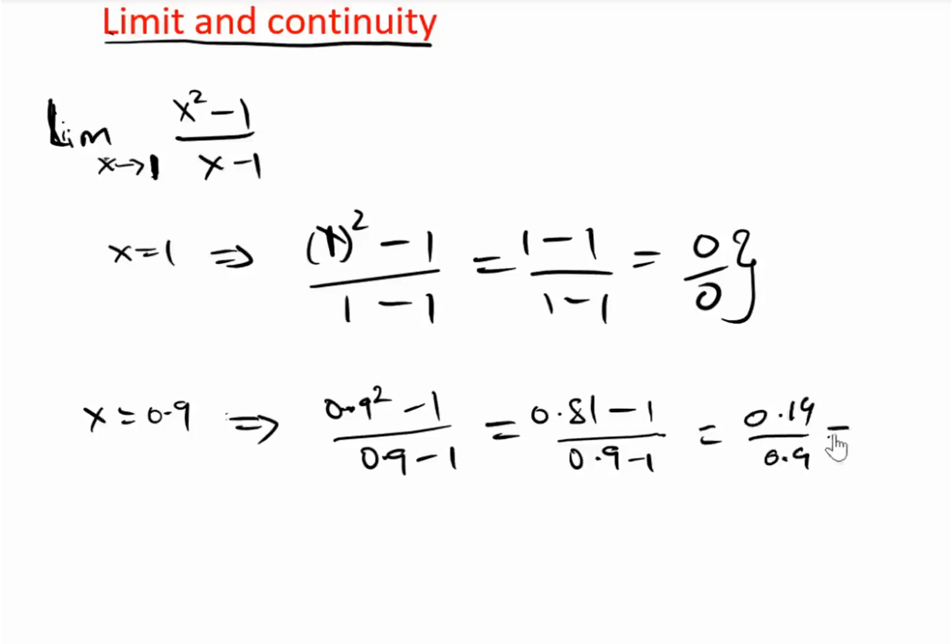Then when we divide minus 0.19 by minus 0.1, this will give me 1.9.